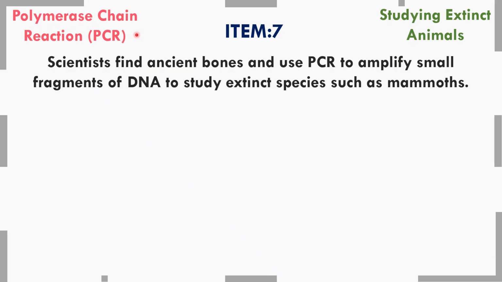We are still under polymerase chain reaction. We are studying extinct animals. Item 7. Scientists find ancient bones and use PCR to amplify small fragments of DNA to study extinct species such as the mammoth.